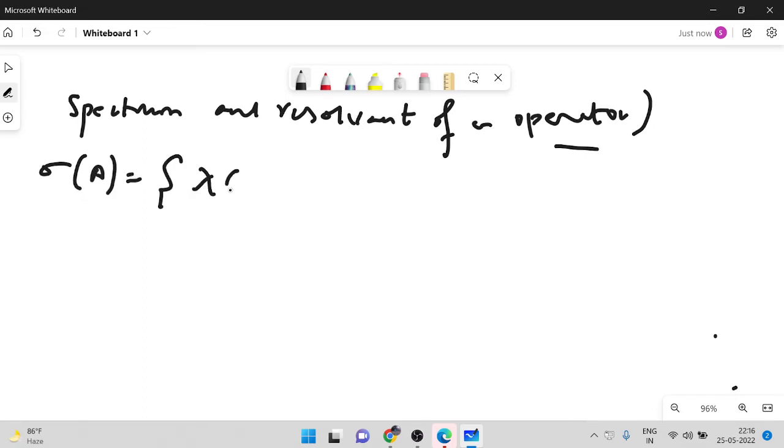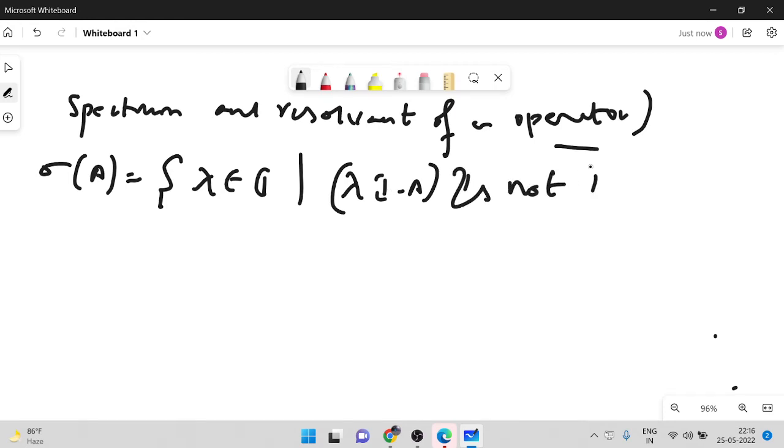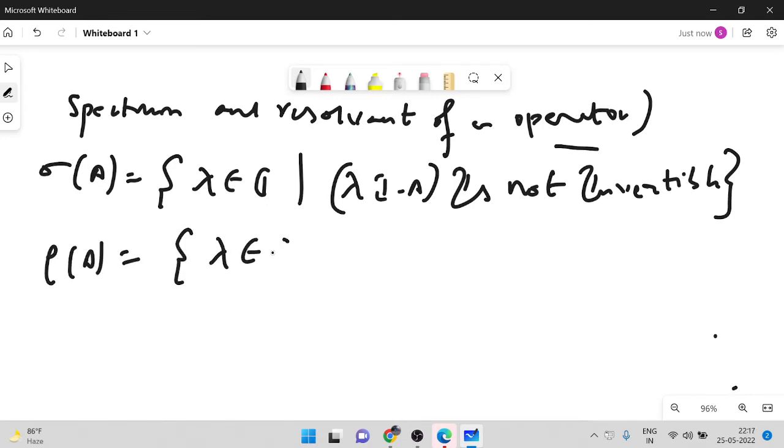This is the set of all complex numbers lambda such that lambda I minus A is not invertible. And rho of A is the set of all complex numbers such that lambda I minus A is invertible.